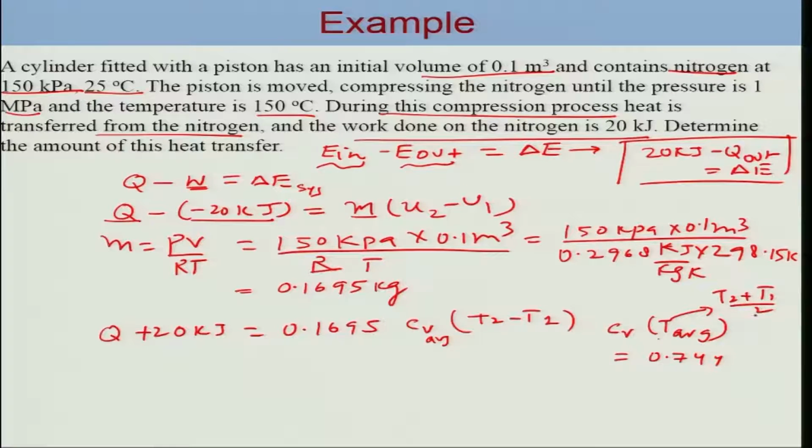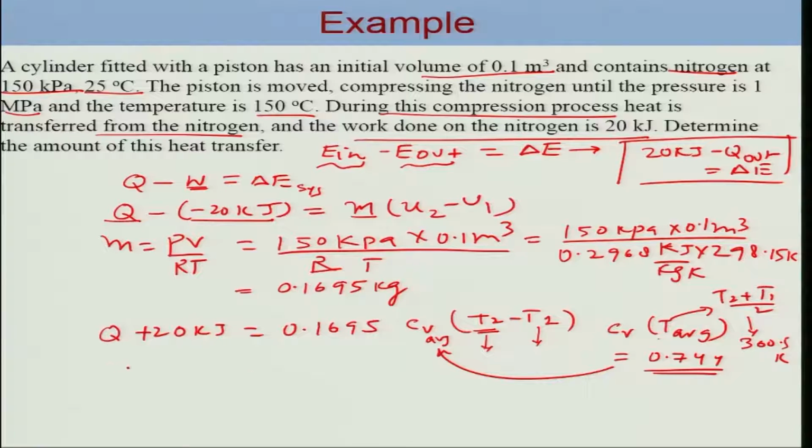T2 plus T1 by 2 is nothing but 360.5 Kelvin. This is the value which we are going to make use of, and you plug in this value. T2 is 150 degrees Celsius, and T1 is 25 degrees Celsius. You can convert this into Kelvin, but being a difference between two temperatures, this is not going to make any difference.